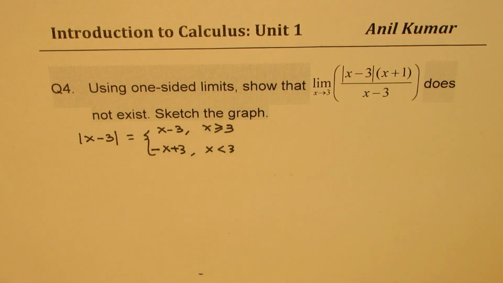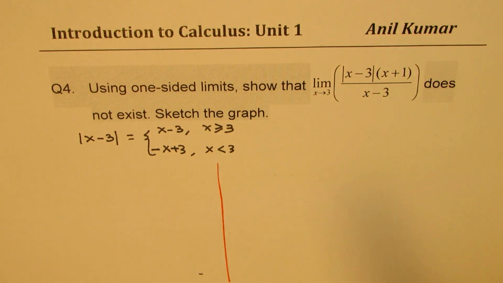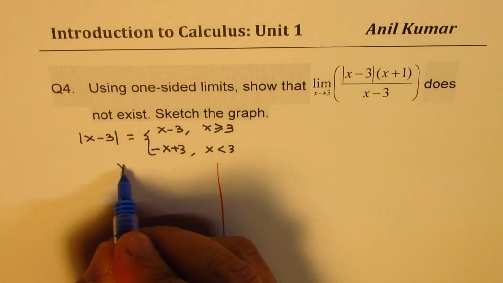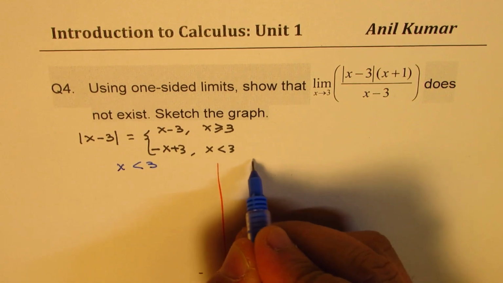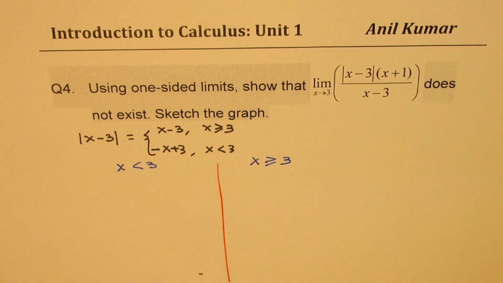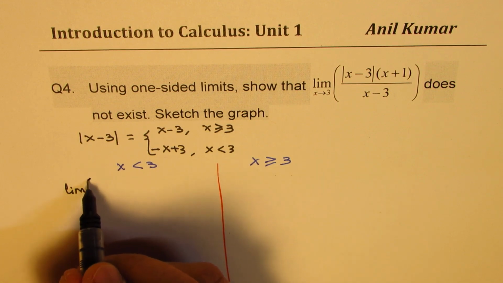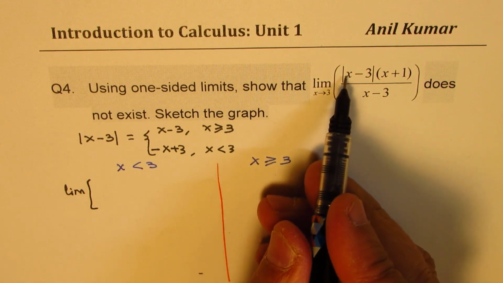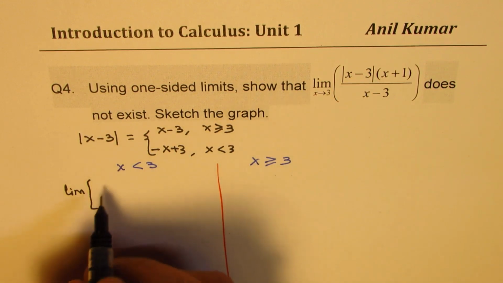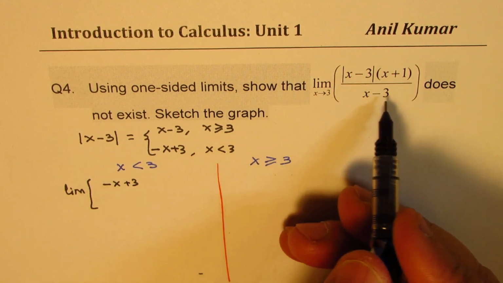So that is how the absolute function is defined. So therefore, we should actually solve the particular question in two parts. One, where we're talking about x being less than 3, and the other where x is greater than or equal to 3, correct? Now if x is less than 3, in that case the question becomes the limit, and what we have here, the absolute value of x minus 3 will be negative of x minus 3, right?